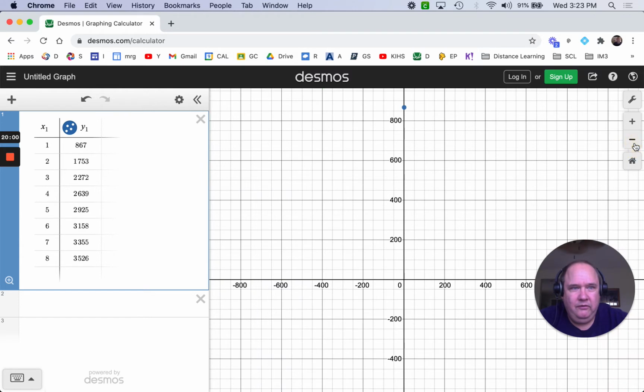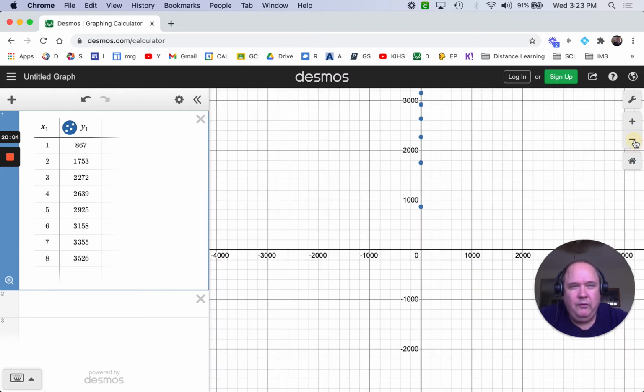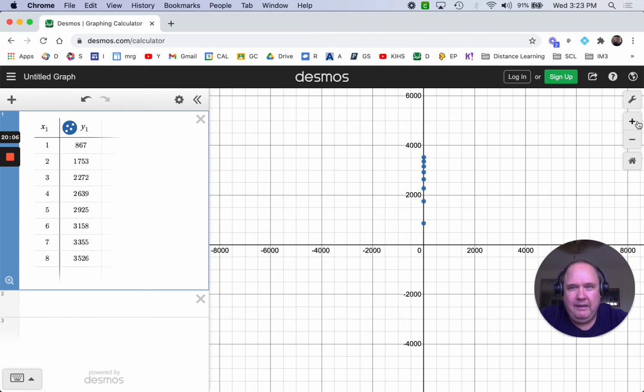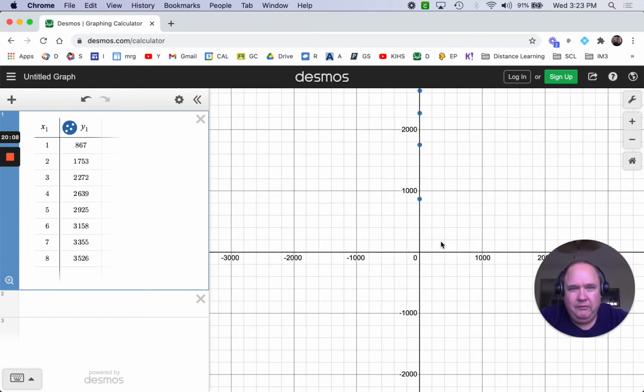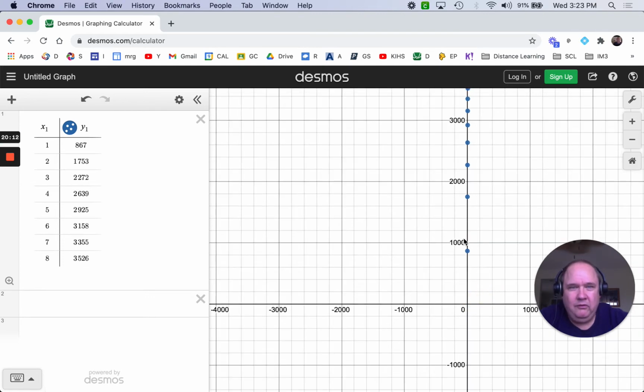All right. So if I want to look at that on the graph, I'm just going to zoom out here so you see the points. It's kind of nice to see the points, and then once you do the regression, you can see how they match or don't match. The scale is a little bit tricky because it's 1, 2, 3, 4, 5.